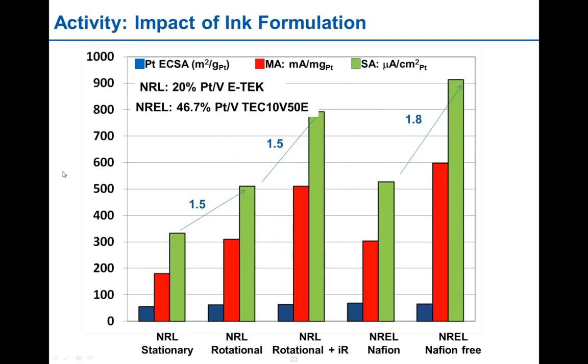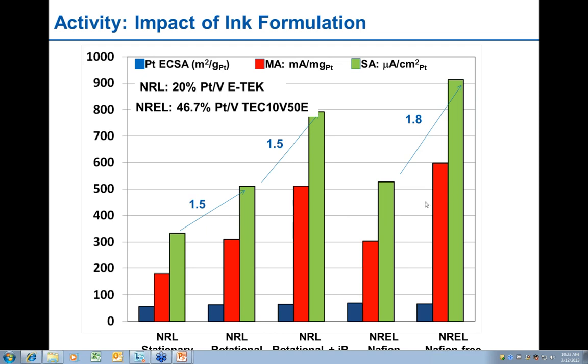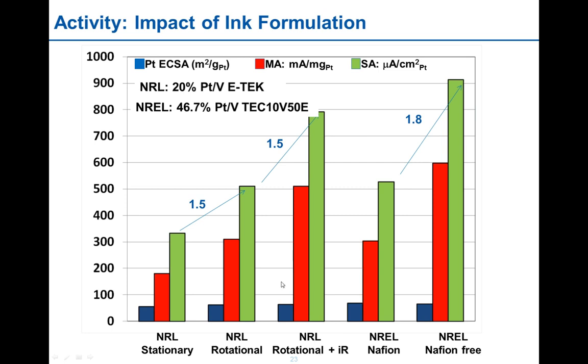Now, if we start looking at optimization, when we do optimize the films, in this case at NREL, we tested 20% platinum on high surface area carbon from E-Tek, and the TKK catalyst. When you have a stationary film, you can see the activities, and when you do a rotating film, you can see an increase in activity by about 1.5.